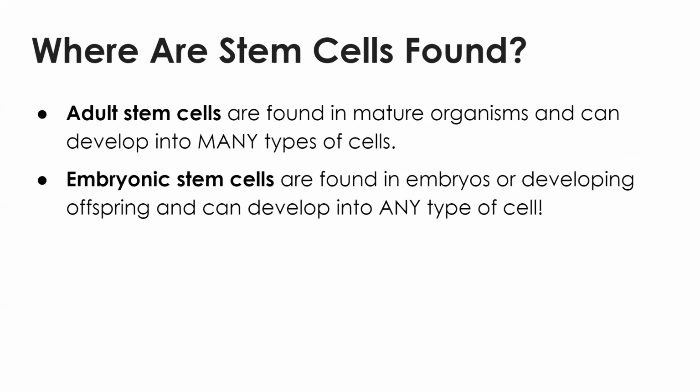However, embryonic stem cells are found in a developing baby in a mother's belly, in embryos, and they can develop into any kind of cell. So while adults can make many different kinds of cells, stem cells from developing embryos are the jackpot because they can develop into any kind of cell.